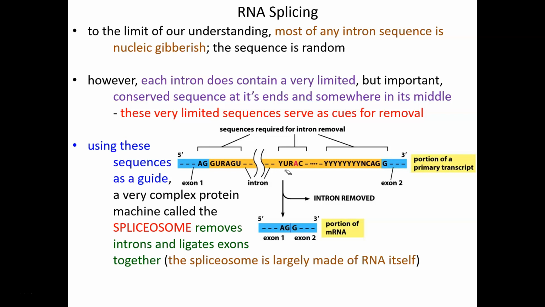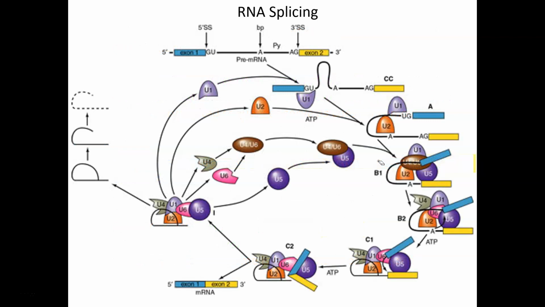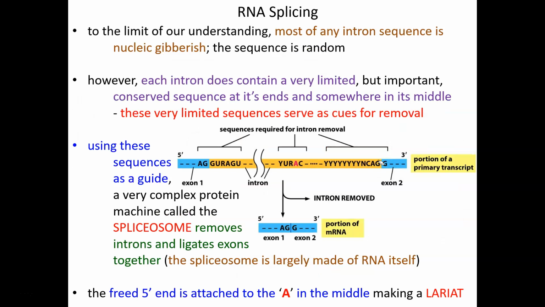Using these sequences as a guide, a very complex protein machine called a spliceosome will cut the intron at its 5' end, join that free 5' end to the center of the intron, cut the intron at the 3' end, and then remove the intron. This is the graduate level mechanism of the spliceosome. We won't get into the spliceosome in that way at all.